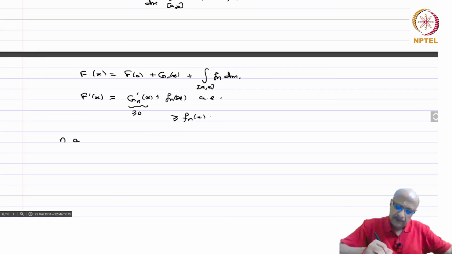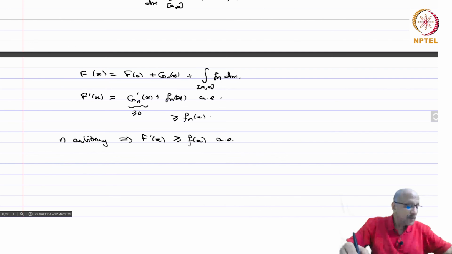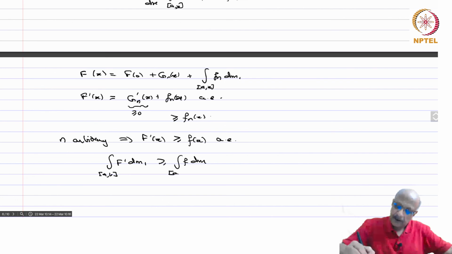Now n is arbitrary, so this implies that F' of x is greater than or equal to f of x almost everywhere. So the integral of F' dm1 over [a,b] is greater than or equal to the integral of f dm1 over [a,b], and that's equal to F(b) minus F(a), by the definition of F.